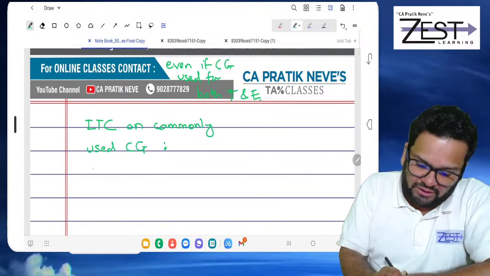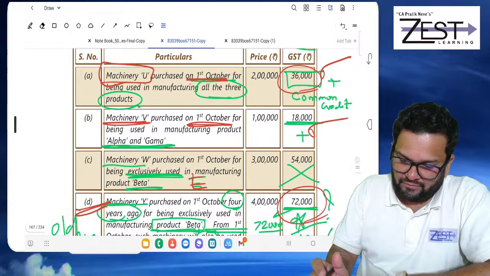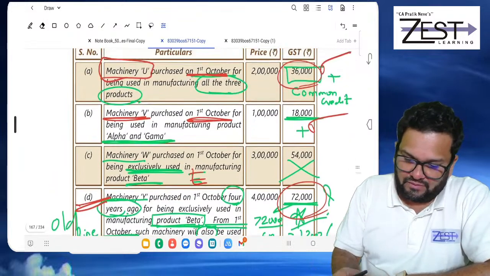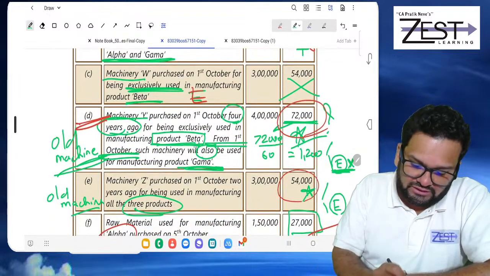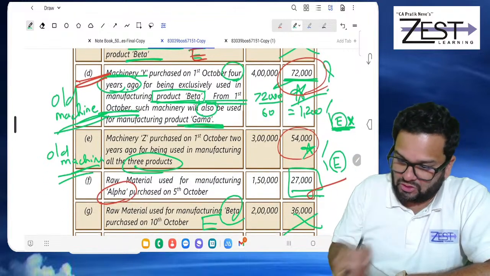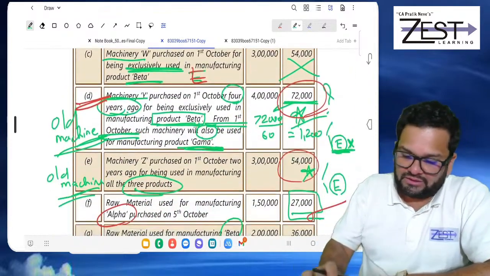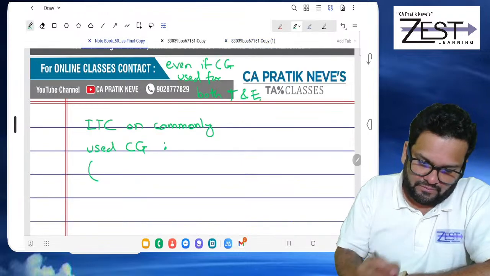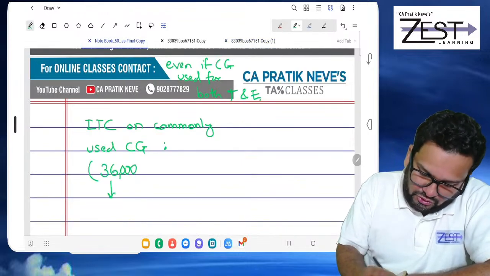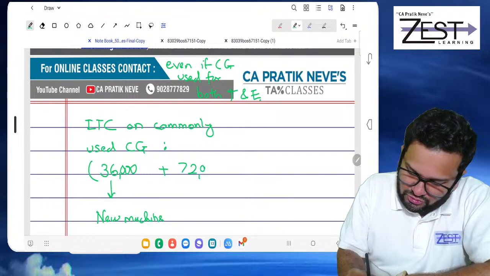So ITC on commonly used CG, my dear friends, is, see, wherever I have written, first of all, this is common for this month, so 36,000 plus wherever I have written old machine and it is used for taxable as well as exempt, so 36,000 plus 72,000 plus 54,000. 36,000 is of new machine plus 72,000 plus 54,000.